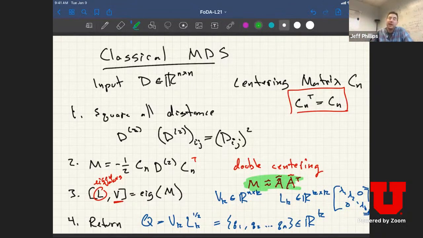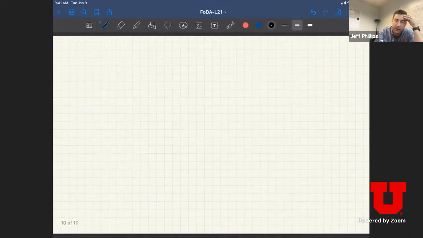That embedding is exactly what is going on here in the third and fourth steps, right? But why does it make sense to do it in this case when I just have the squared distances? All right, so let me try and provide some intuition on this now, okay?